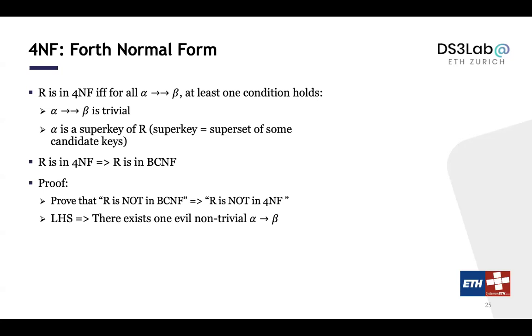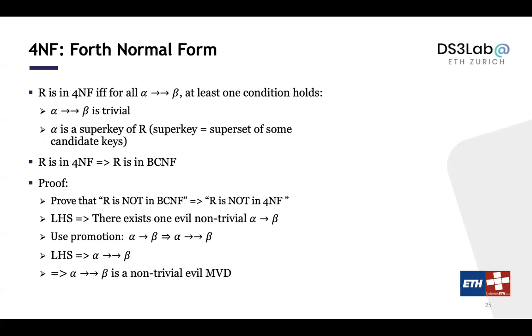And because we know the promotion rule, whenever there is a functional dependency from alpha to beta, there will be an MVD from alpha to beta. It means that there will be a non-trivial multi-value dependency too, and that implies R is not in fourth normal form, and then you're done. So this is just a very simple proof of the statement that if R is in fourth normal form, it implies it's also in BCNF.